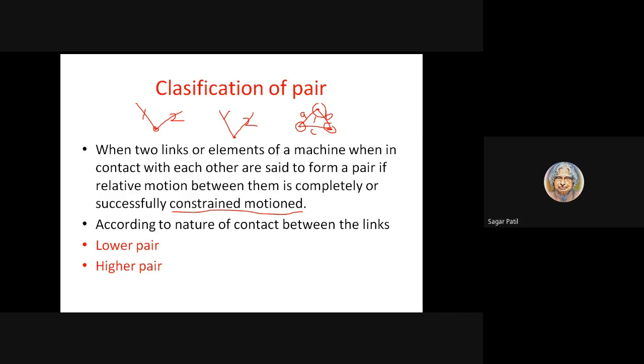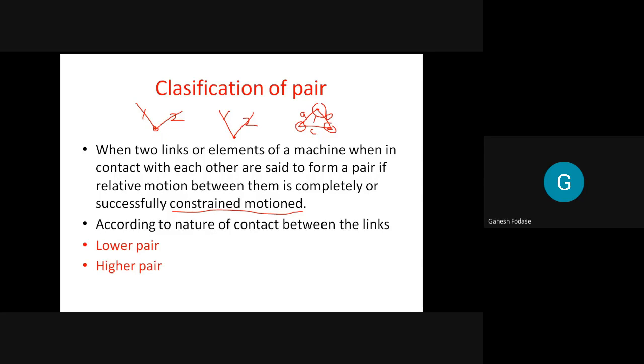Yes, sir. Okay. In this case, now tell me, I told you these are welded together. Let's say part 1 and part 2, welded together, no relative motion between them. How many links are these? Single link. But when part 1 and part 2 are connected together by means of a turning pair, there is relative motion between 1 and 2, then I can call it a pair.